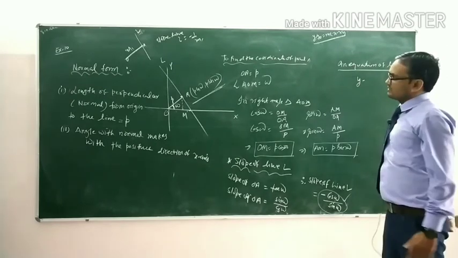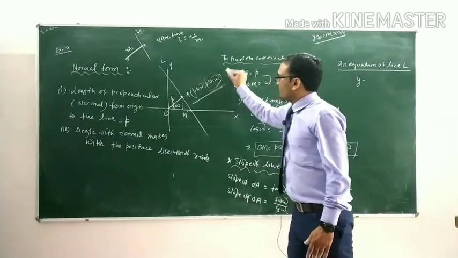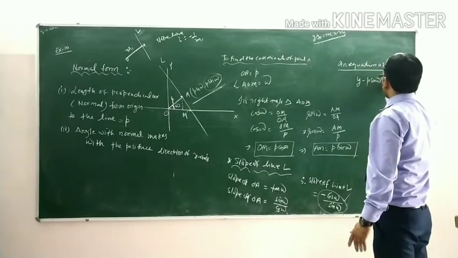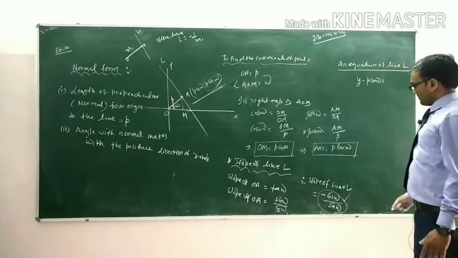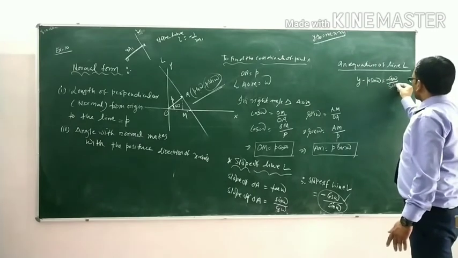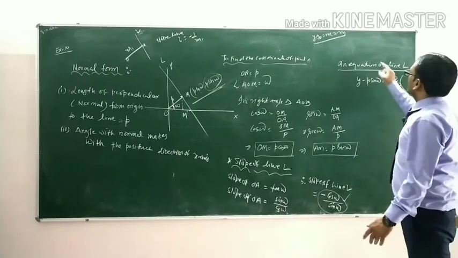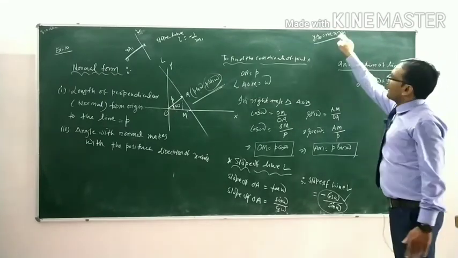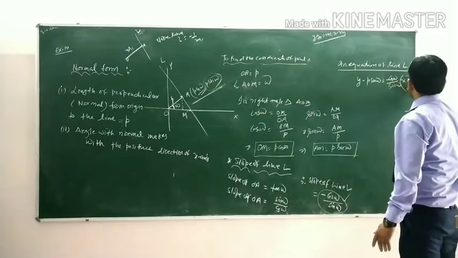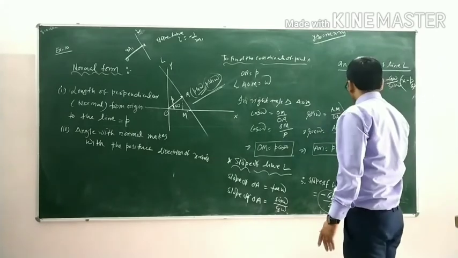Y minus, here y0 is P sin omega. So y minus P sin omega is equal to m, which is minus cos omega upon sin omega, into x minus x0, which is P cos omega.